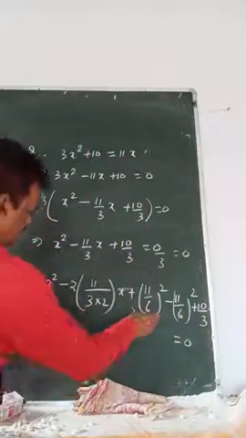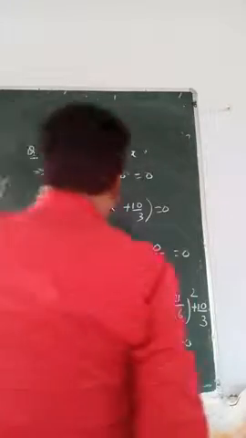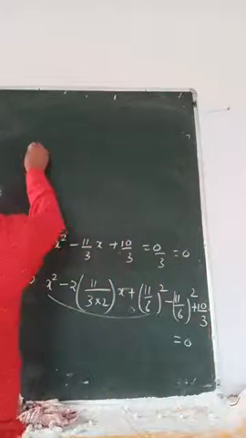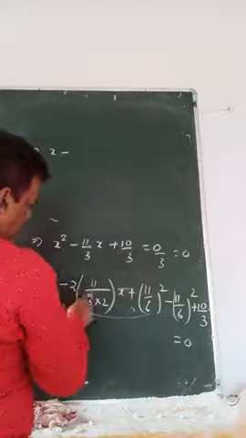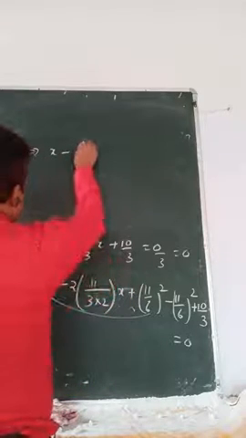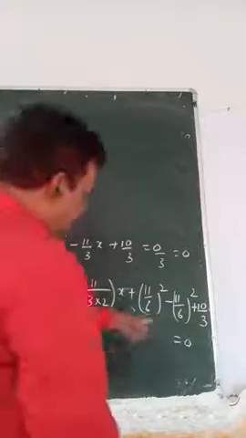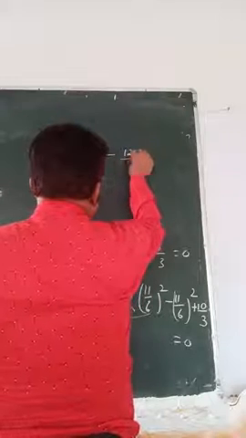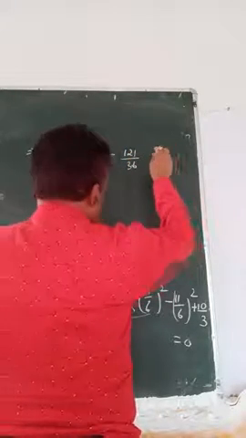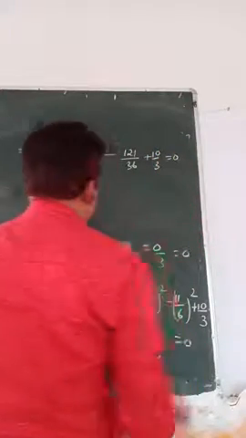Okay. Combine this. What will you get? x minus, a square 2ab plus b square, minus 11 by 6 whole square. Okay, let's simplify. Minus 121 by 36 plus 10 by 3 equals to 0.